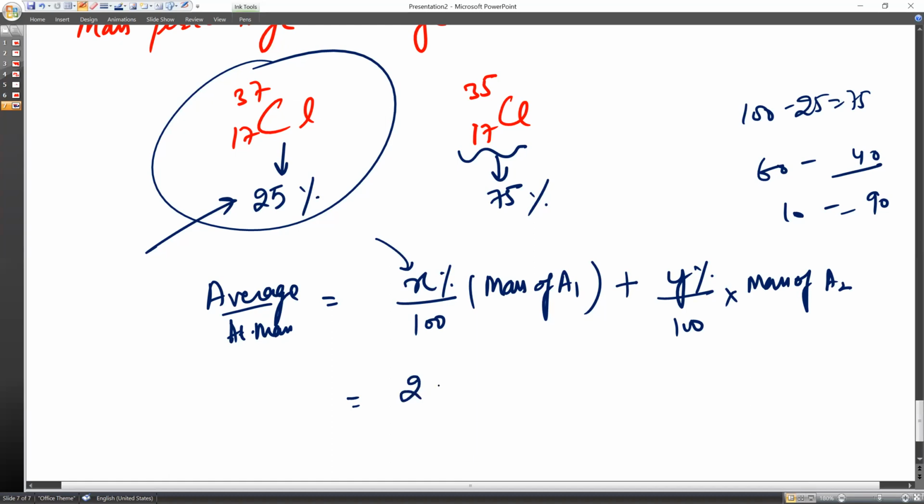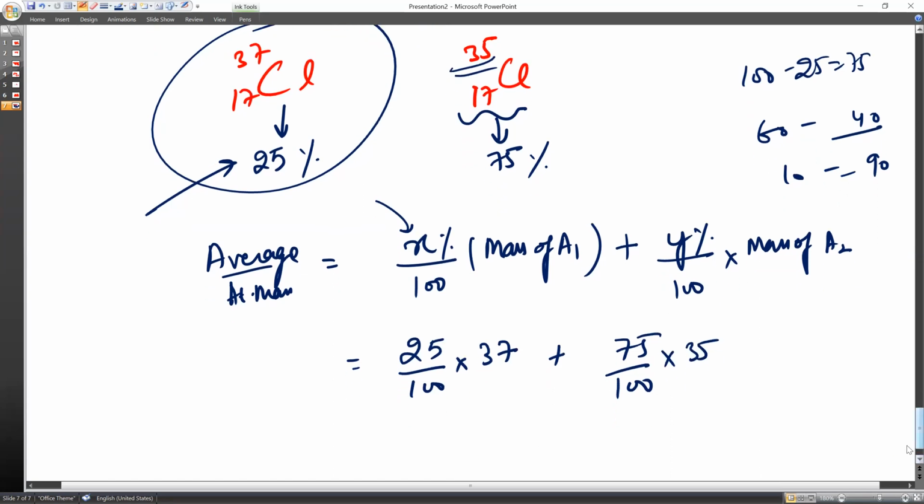Right here, 25 upon 100 into 37 plus 75 upon 100 into the mass of the other one, that is 35. Try to solve it, and tell me what answer you get.